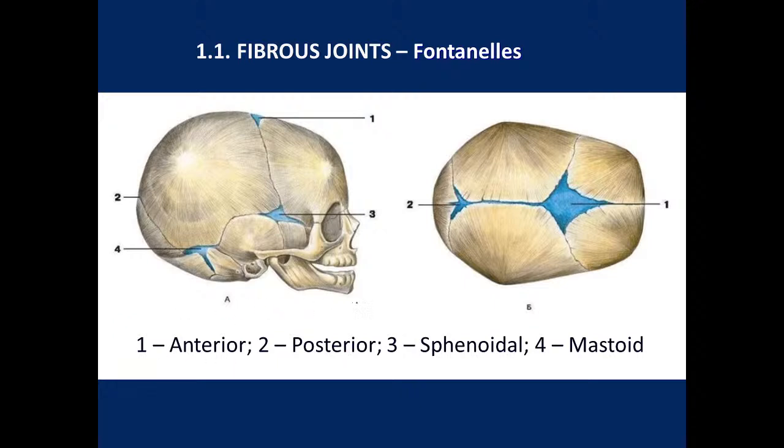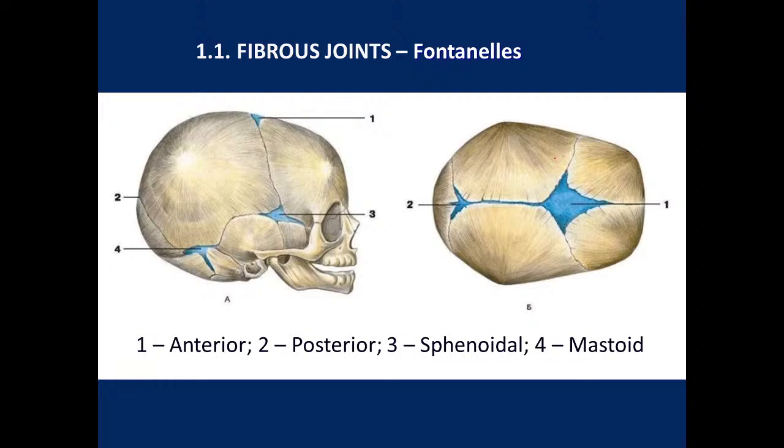This is a skull of a newborn, a very very small child, and these fontanelles turn into the sutures after 2 years. Usually, we distinguish 6 fontanelles on the skull.